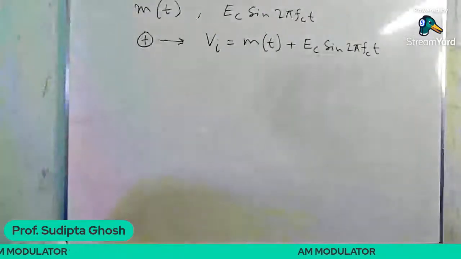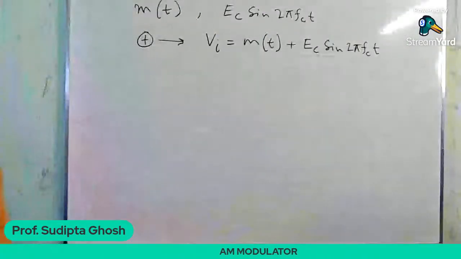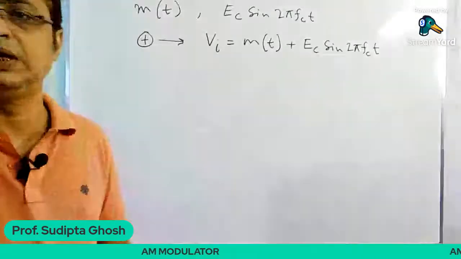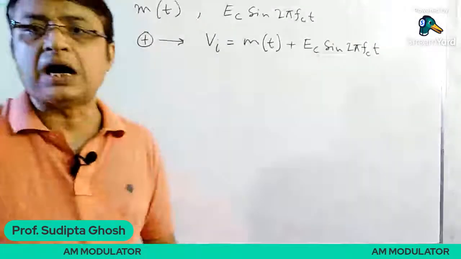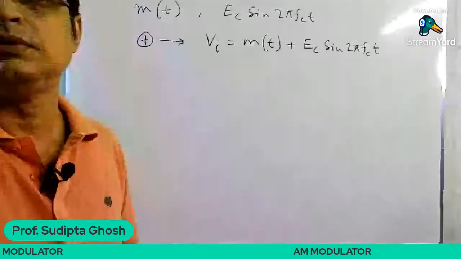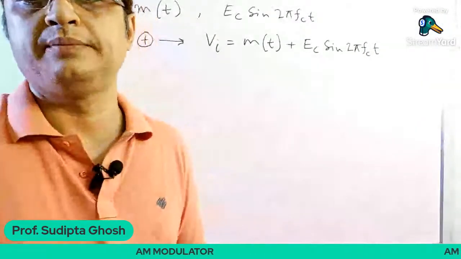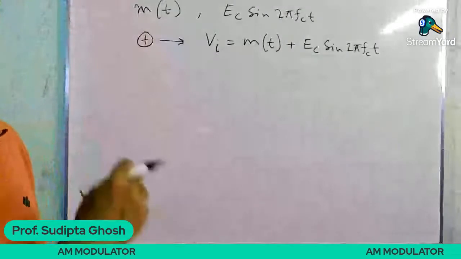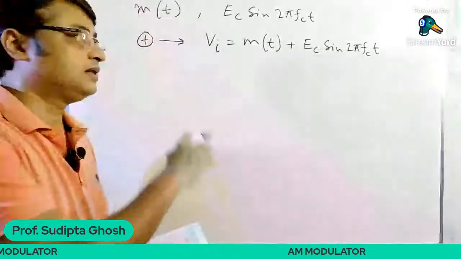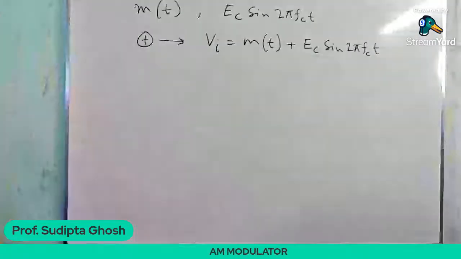Now, as it is a nonlinear device, what will be the output of a nonlinear device? Yes, Arindam, why is it called a square law modulator or square law modulation? I will explain that after this mathematical deduction is over.